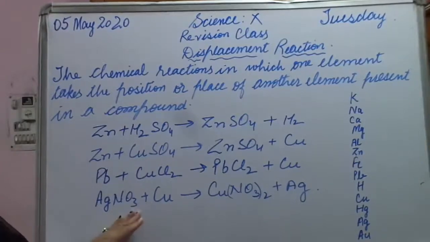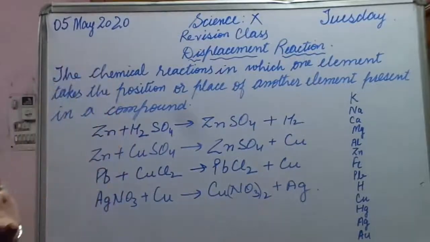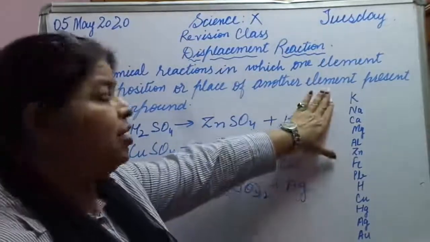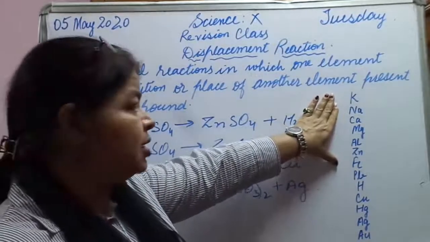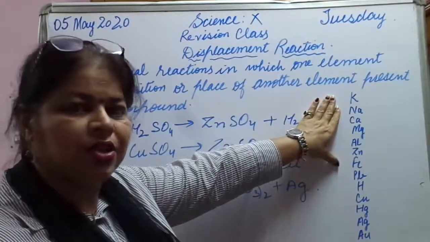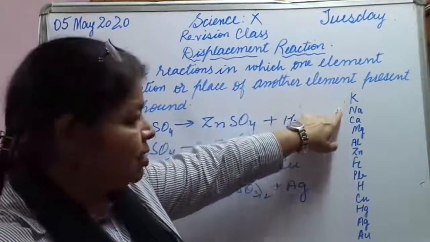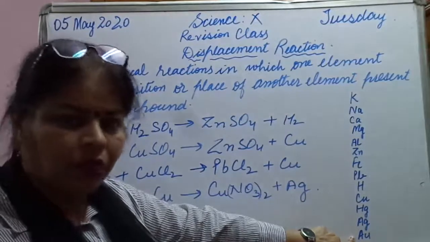So how can we come to know this? There is a series over here. We call it the reactivity series. And you know, in this reactivity series, the metals are arranged in such a way that the topmost metal is the most reactive, and then there is the decreasing order of reactivity.